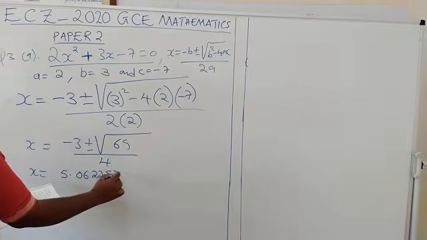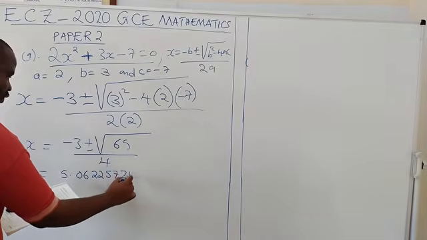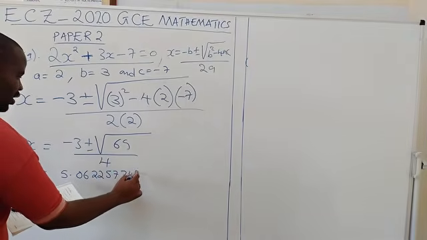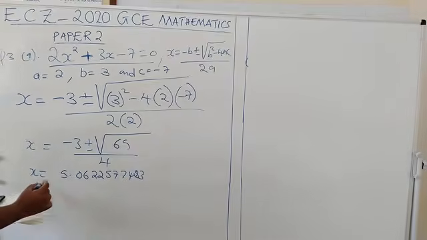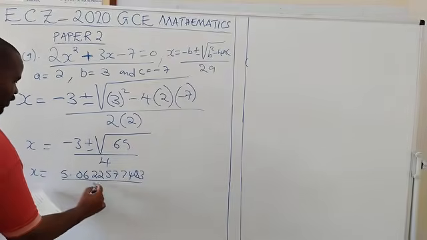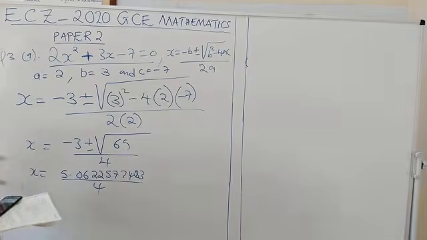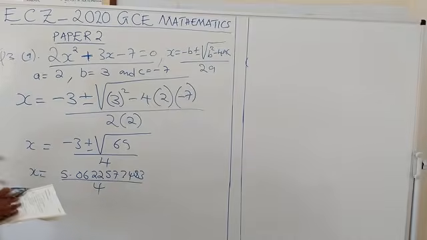We are saying you divide this by 4. But in an exam, let me skip this stage. You divide everything directly by 4 so that you get the answer, because you have a lot of steps to take. So we divide this by 4.